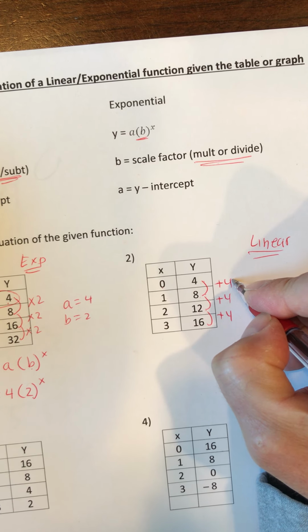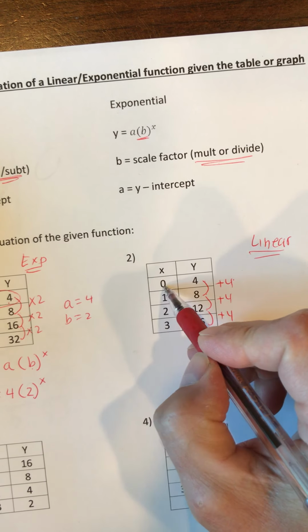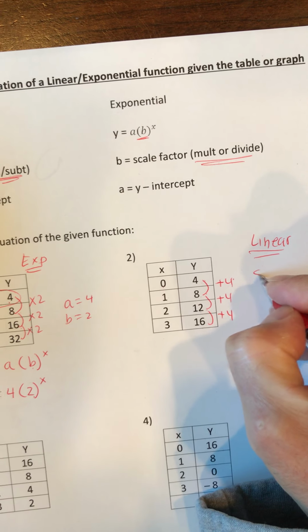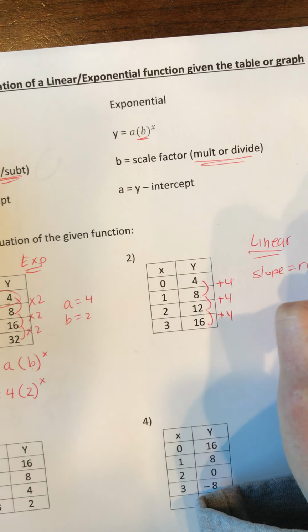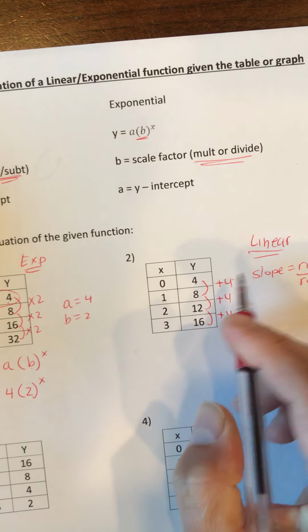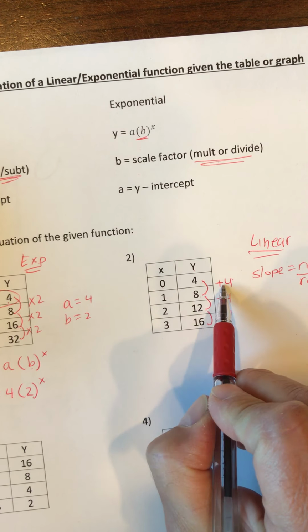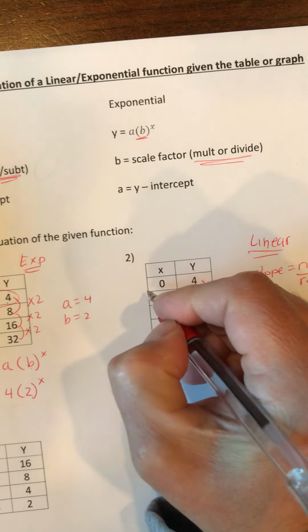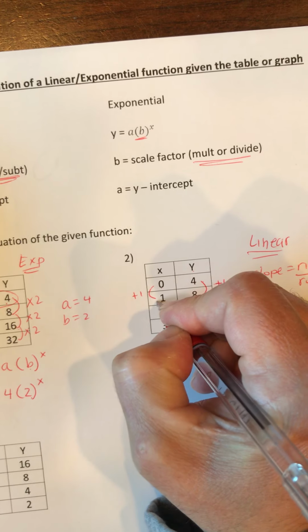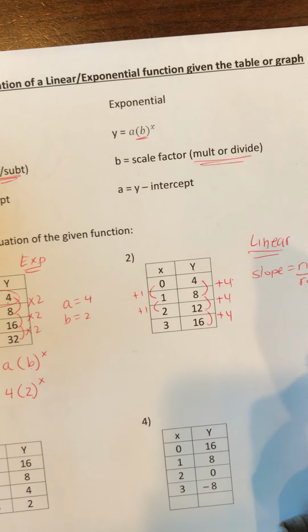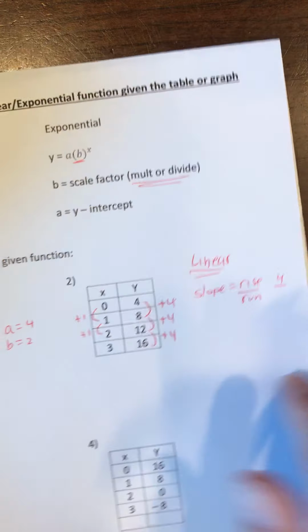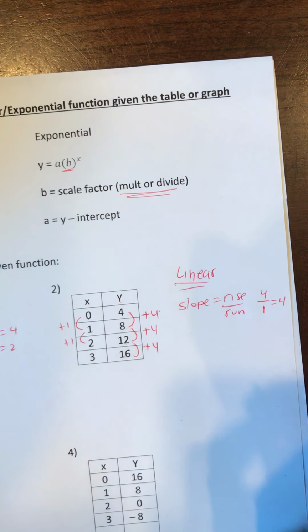You just have to watch out that they're not skipping. Our slope, remember, is the rise over the run. The rise is the y's. It's going up by 4. If you look at the run, from 0 to 1, from 1 to 2, that's going up by 1. So our slope is 4 over 1, or 4.